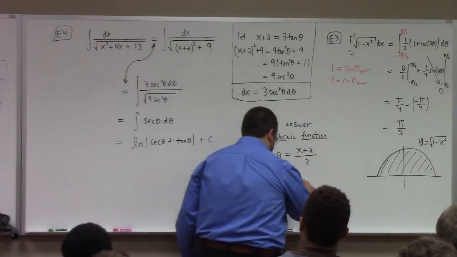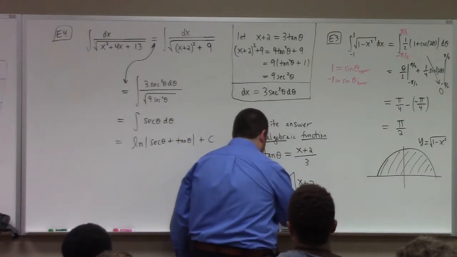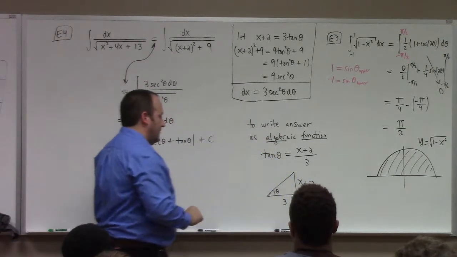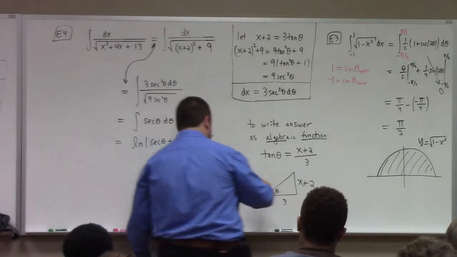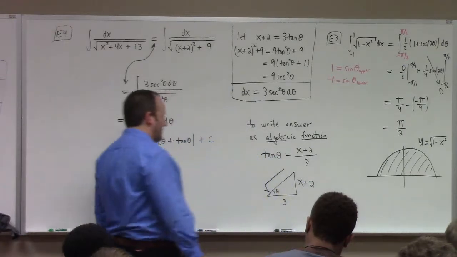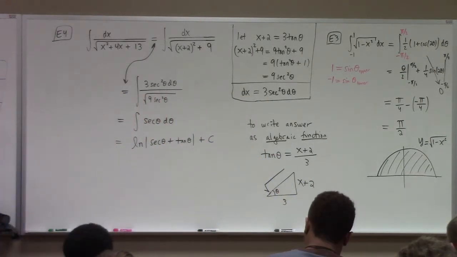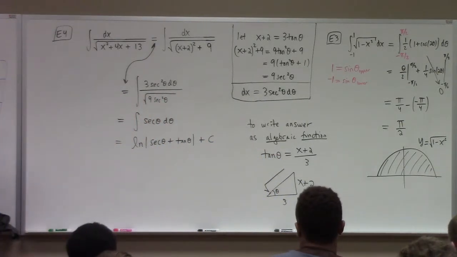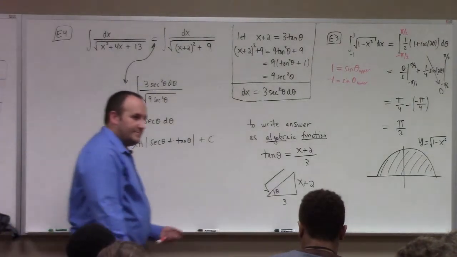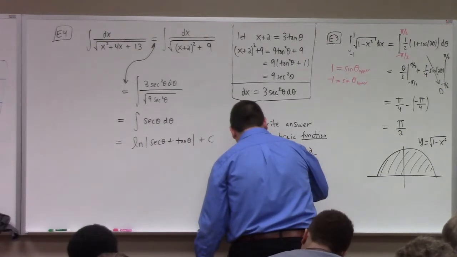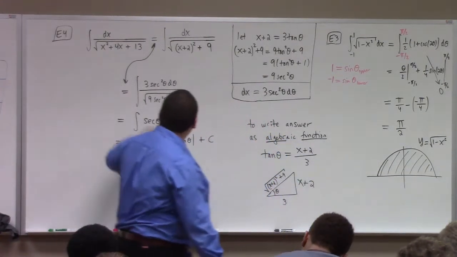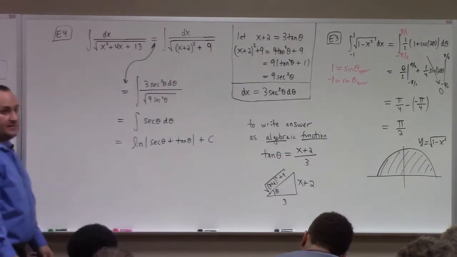So the opposite side is x plus 2, the adjacent side is 3, angle theta, and then what's the hypotenuse? The square root of x plus 2 squared plus 9, aka x squared plus 4x plus 13.